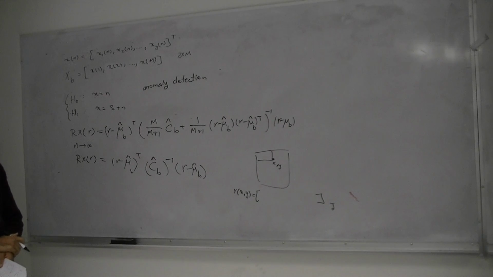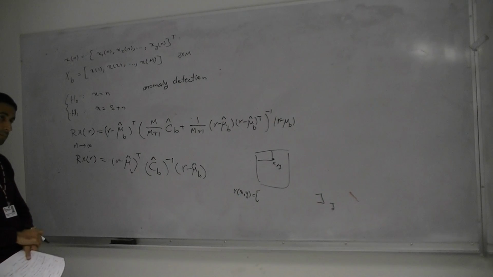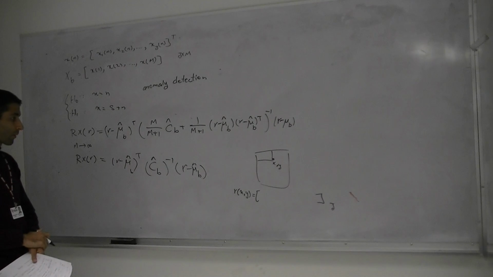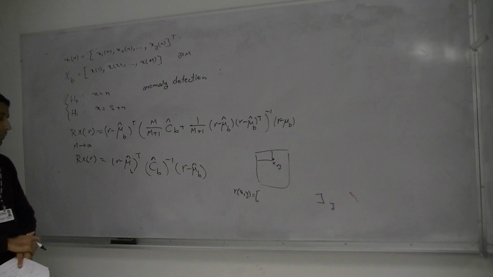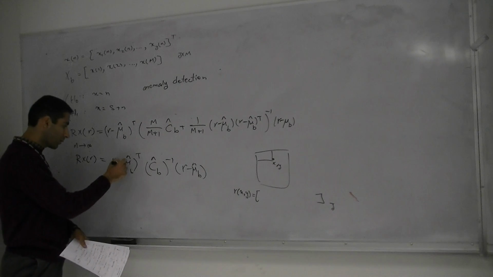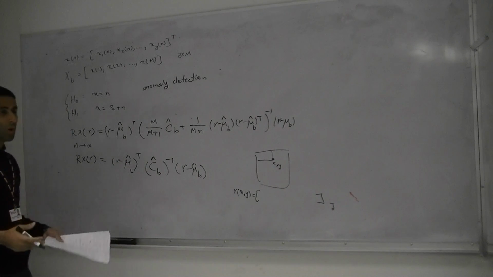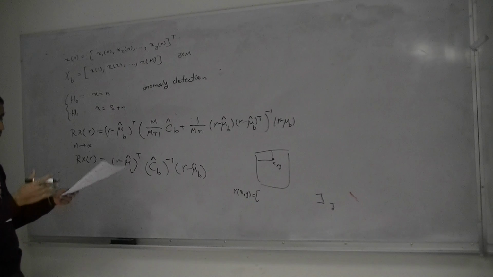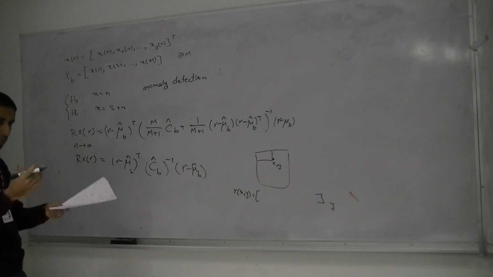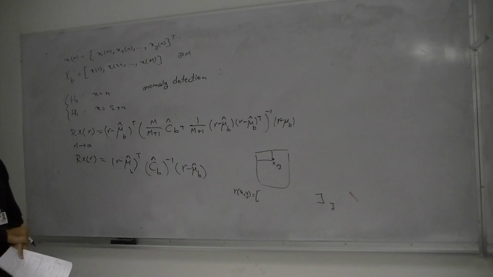We want to see how much the point deviates from the expected mean. When you want to find the mean, you don't have all possible data, you have some portion of data, and based on that you decide the mean and covariance.